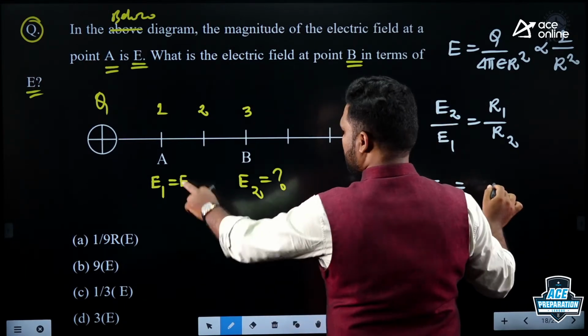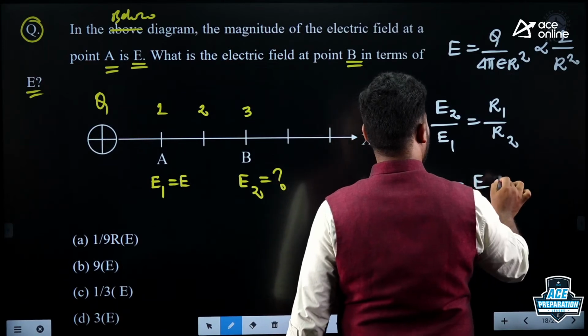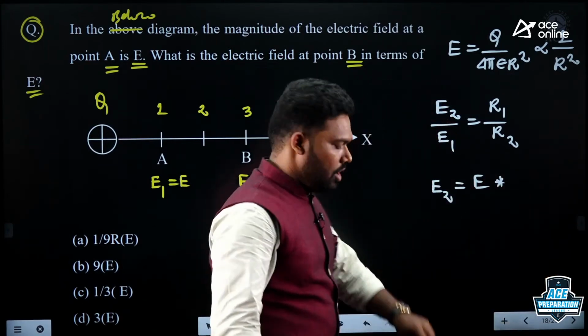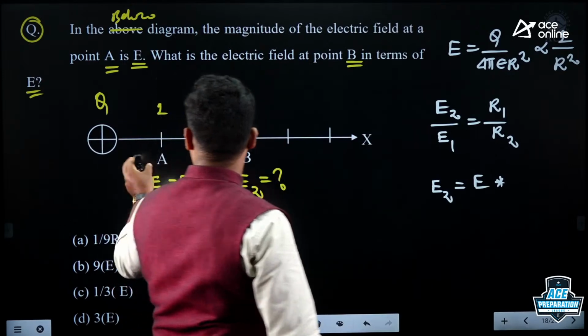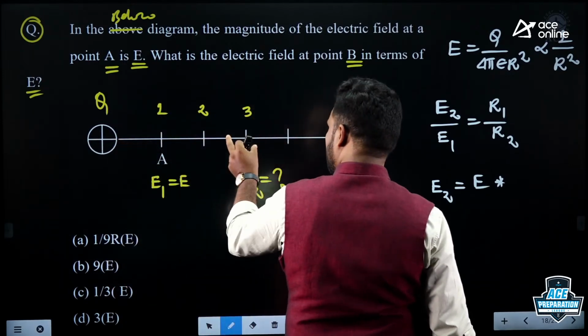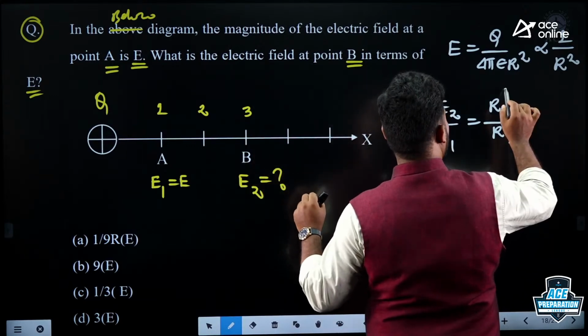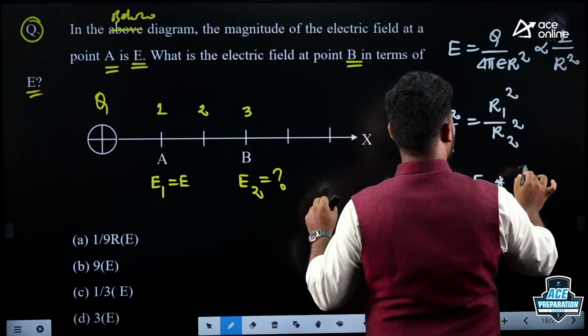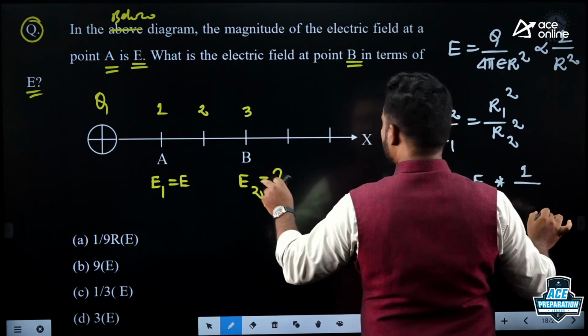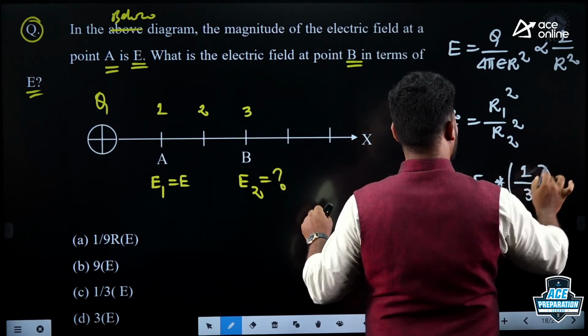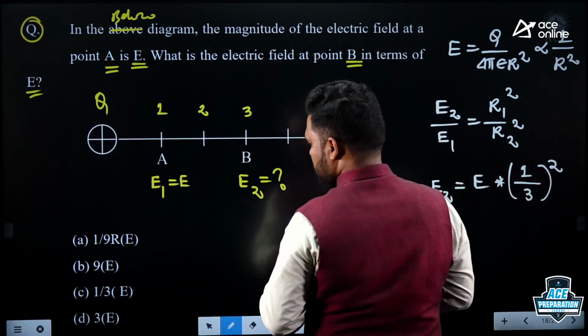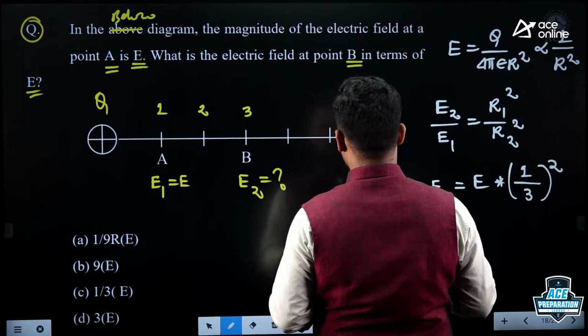So E2 is equal to E1 into (R1 by R2) whole square. How much is E1? E1 is nothing but E. How much is R1 here? R1 is 1 unit. R2 is 3 units. Don't forget there is a square. R1 is 1 unit, R2 is 3 units, whole square.